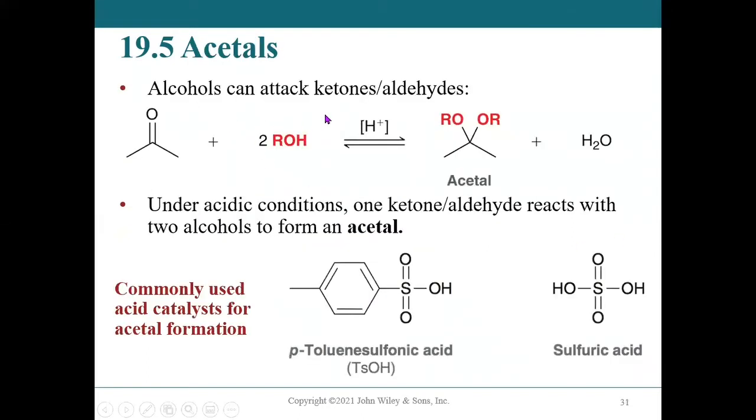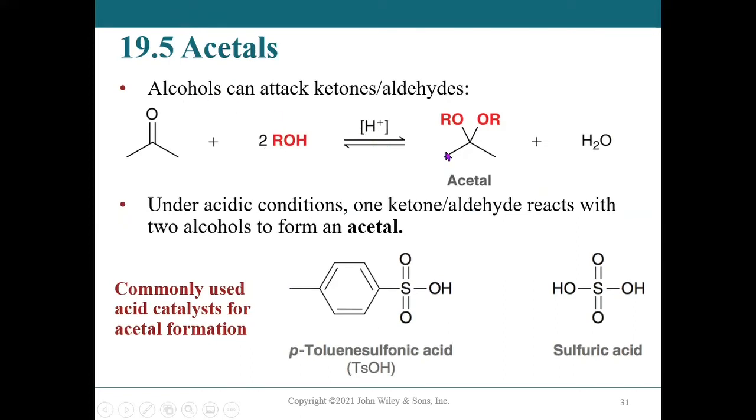Alcohols can attack ketones and aldehydes to produce the so-called acetals or hemiacetals. Here's the overall equation. For example, we have a ketone reacted with two ROH, which are alcohols.